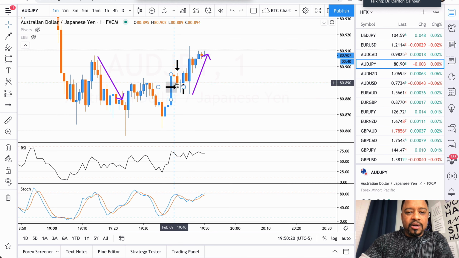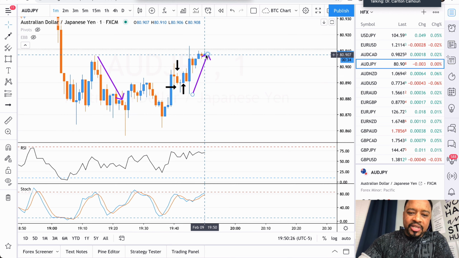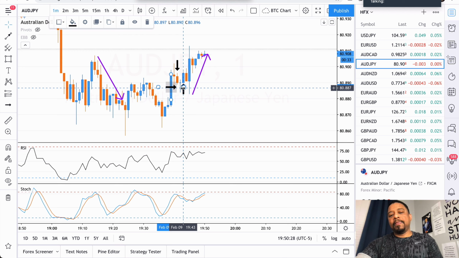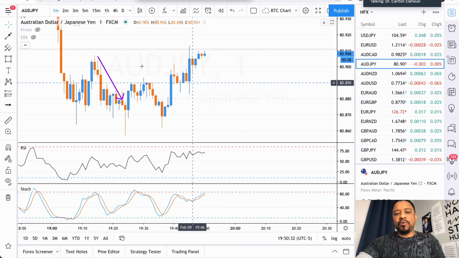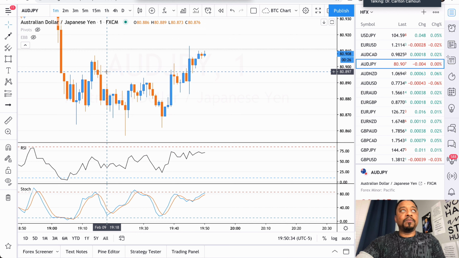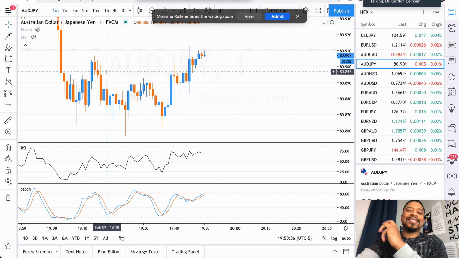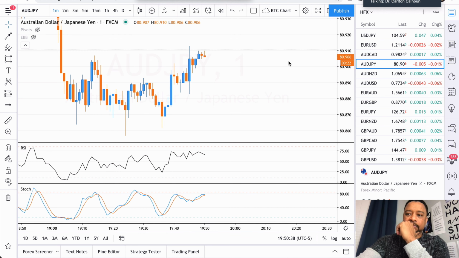So morning star, the middle wick is lower than the two opposing candles. That's an indication of a potential push to the upside. You identify all of these things, and that will increase your sniper position. Did that make sense?